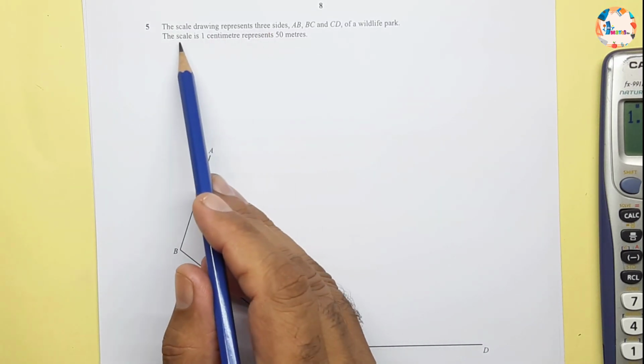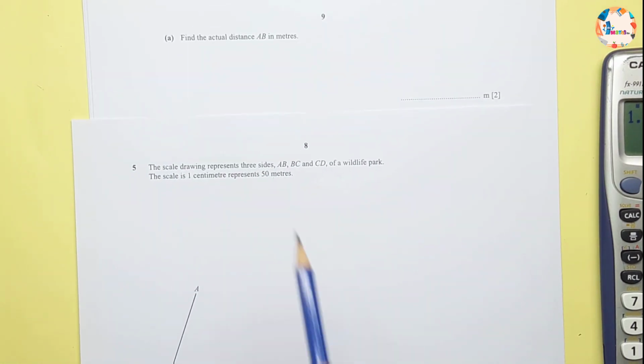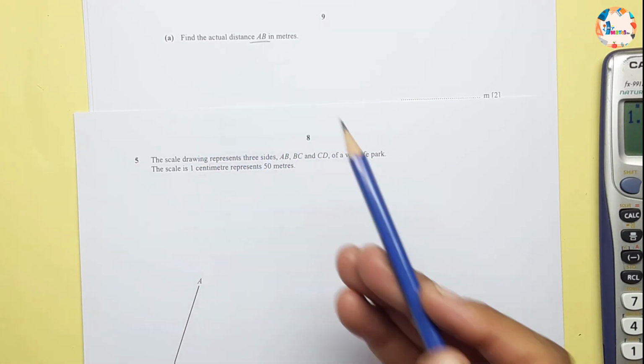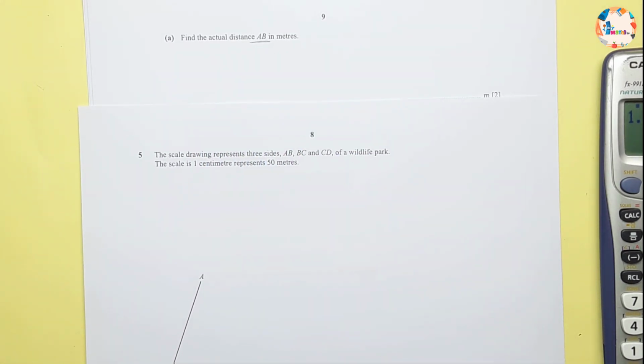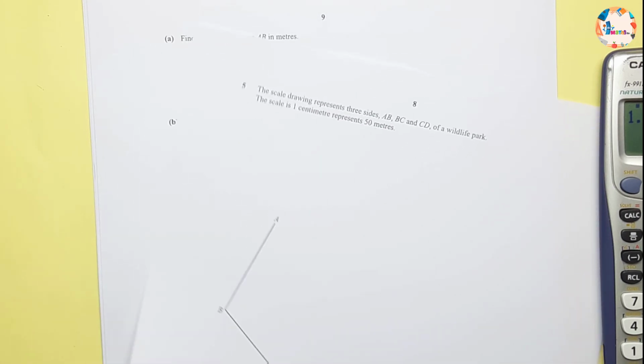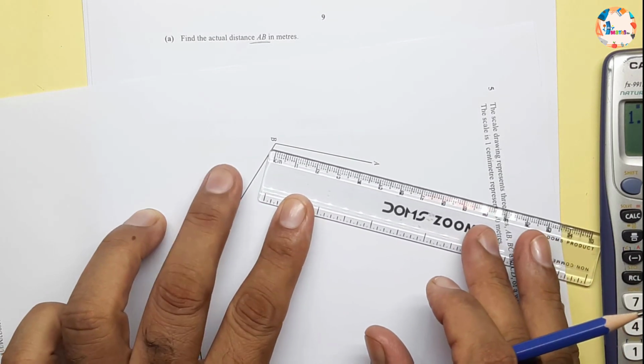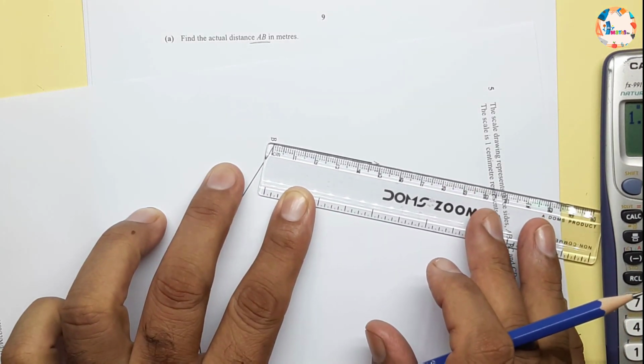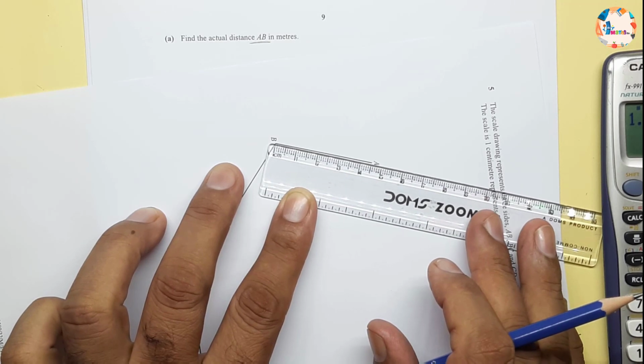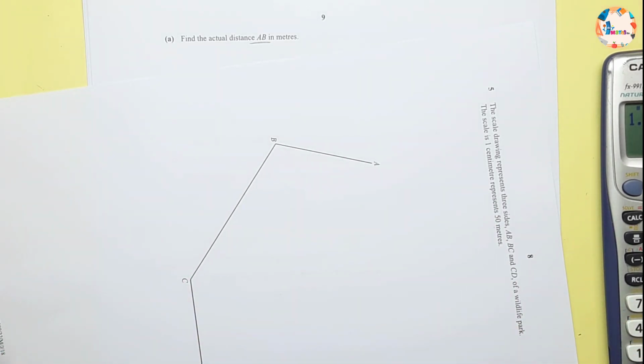The scale drawing, this one scale is this. So what we have to do, find the actual distance of AB. Now this actual distance of AB is basically the length, which will not be matching because this is a reduced published paper. So if we check the length of AB in this paper which I am solving, this length is 4.5 centimeters.